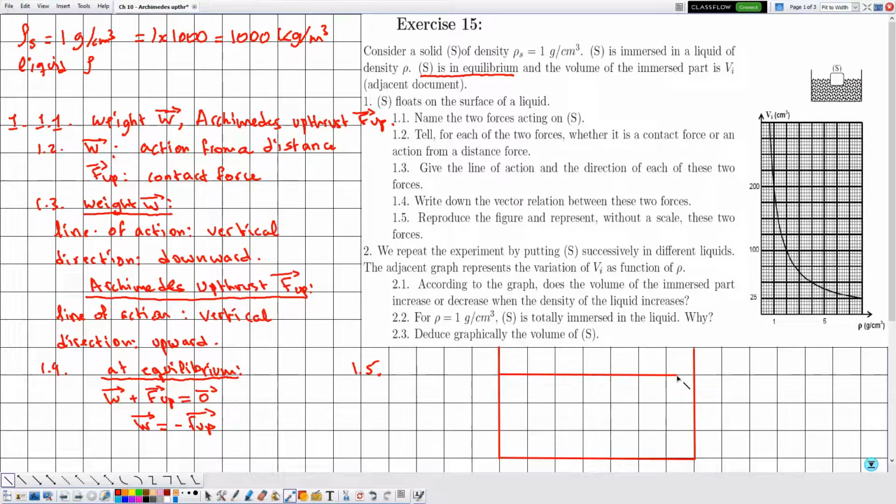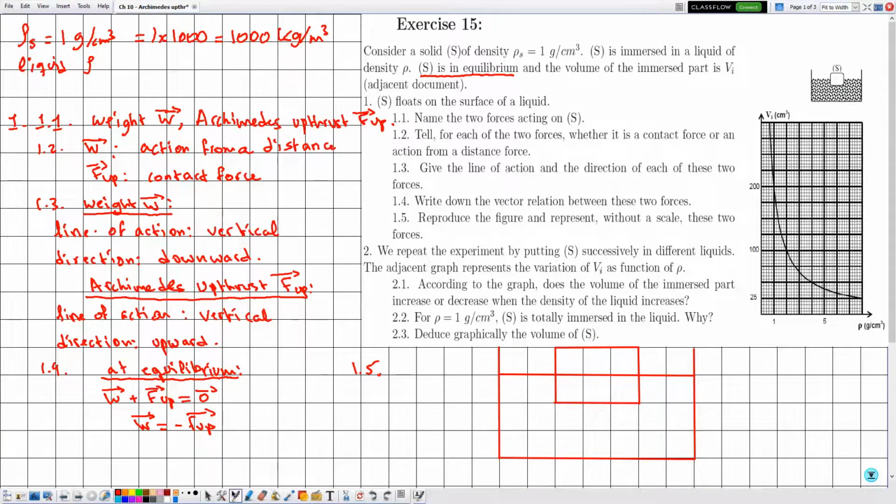And this is the liquid. And this is the solid S.